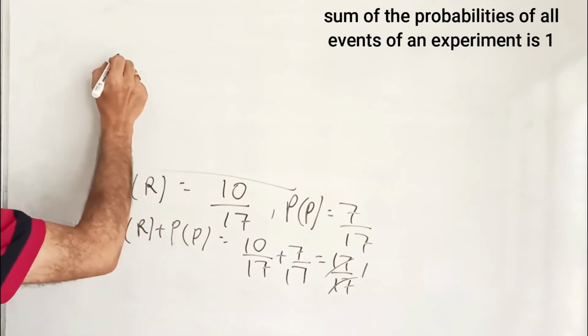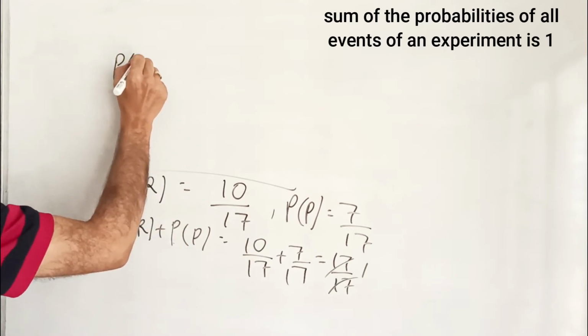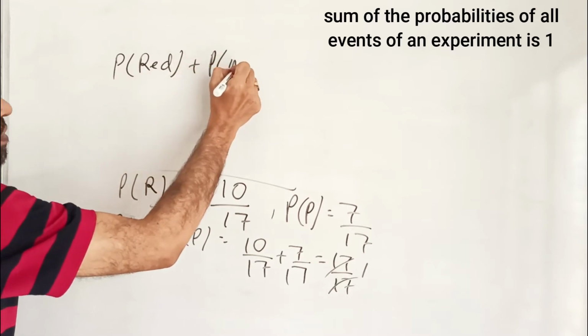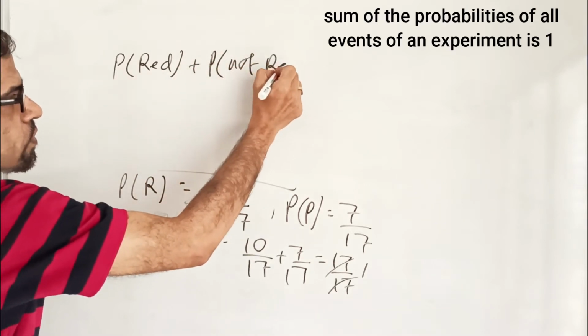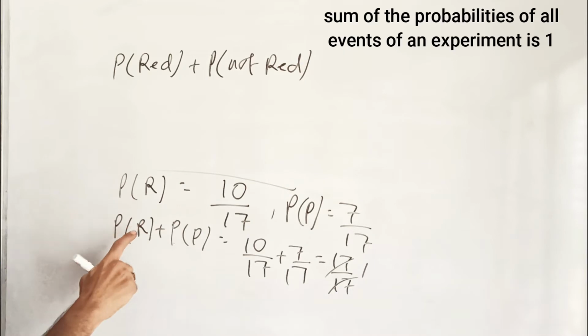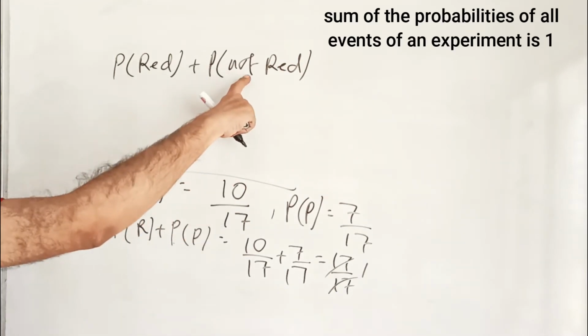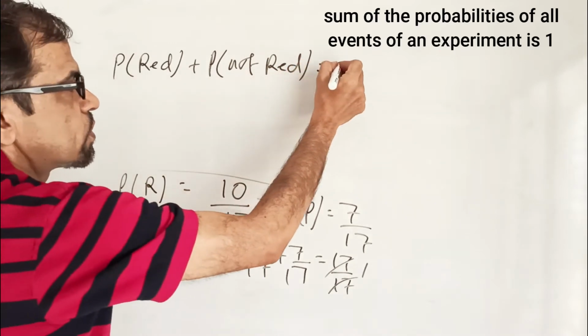Now in other words, we can write the probability of the red ball plus the probability of not red ball. Listen students, what we are writing: probability of the red ball, probability of the pink ball. Instead of the probability of the pink ball, we are writing the probability of not red ball is equal to 1.